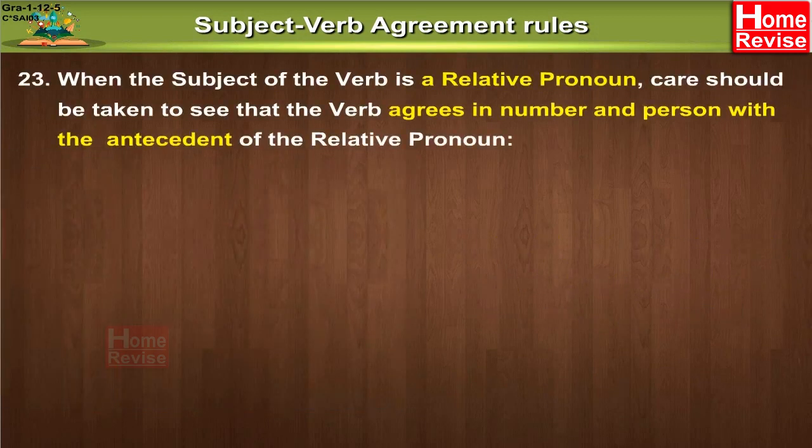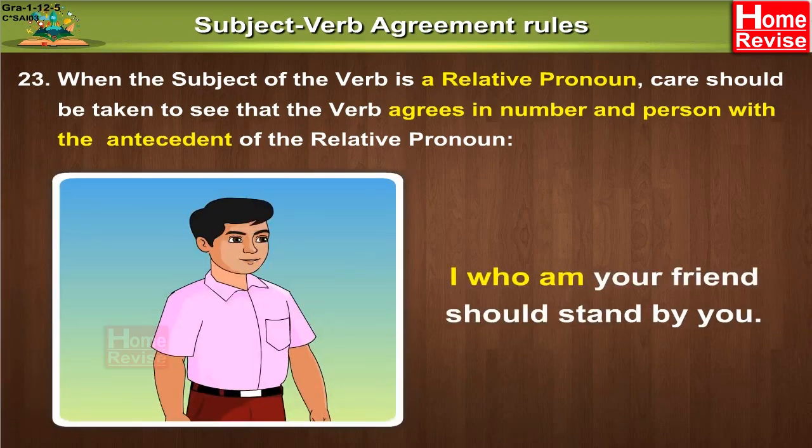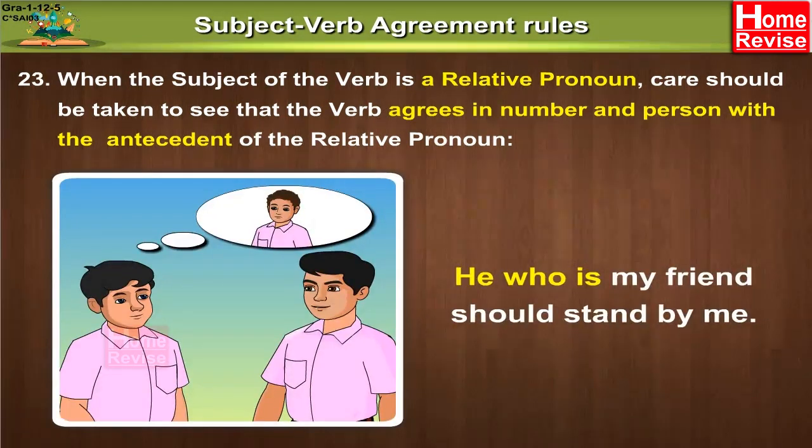23. When the subject of the verb is a relative pronoun, care should be taken to see that the verb agrees in number and person with the antecedent of the relative pronoun. I, who am your friend, should stand by you. He, who is my friend, should stand by me.